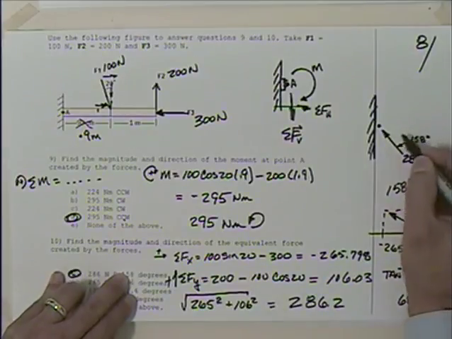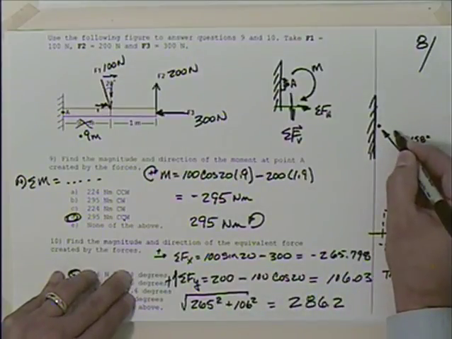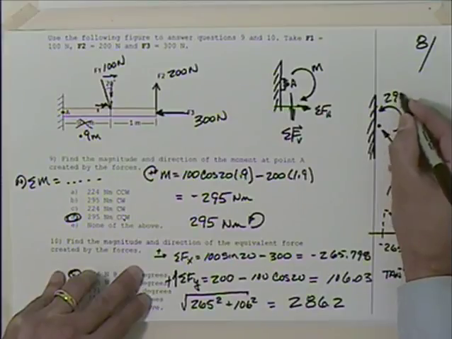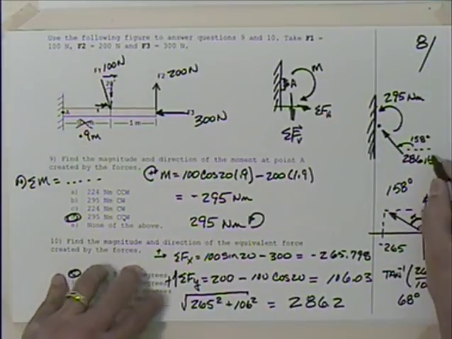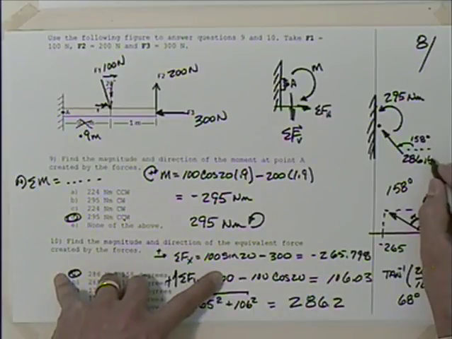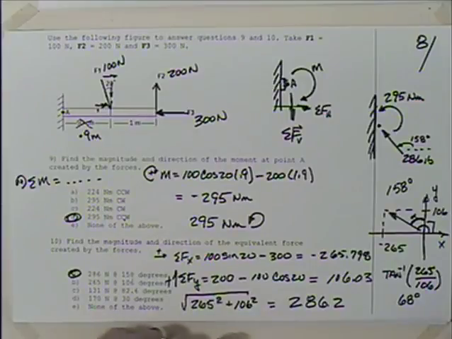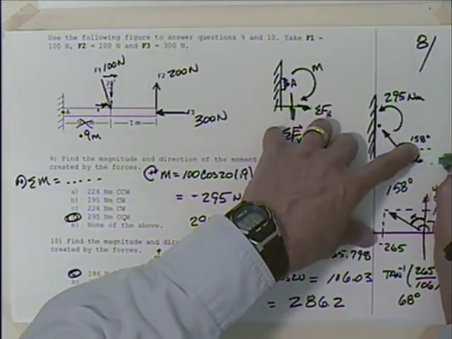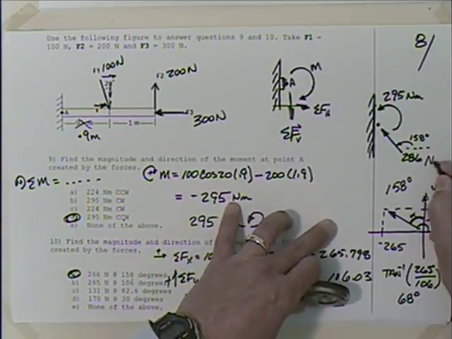That's the equivalent force. And then the moment is going to be like this, which is 295 Newton meters. Did I say pounds? That should be newtons, shouldn't it? Make sure I haven't made that mistake anywhere else. Newtons. Hopefully if I've said pounds, you have edited that as newtons. This is a metric problem. Newtons.